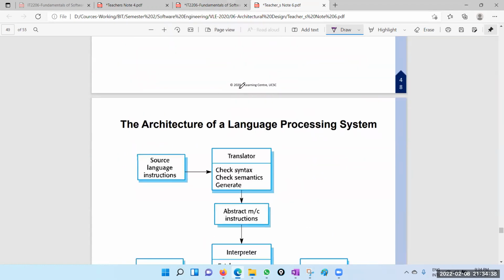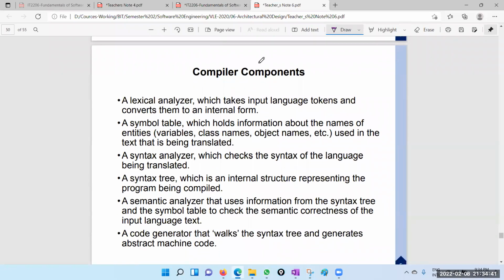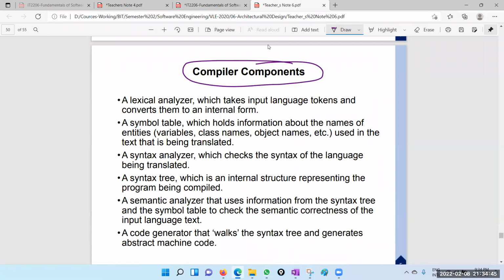So, language processing. Compilers and other things are very technical, like how to convert your high level programming code into machine code. Sometimes we have to not only develop an order processing system or inventory processing system, sometimes we have to develop a new language. So there also we have to come up with some architectures.